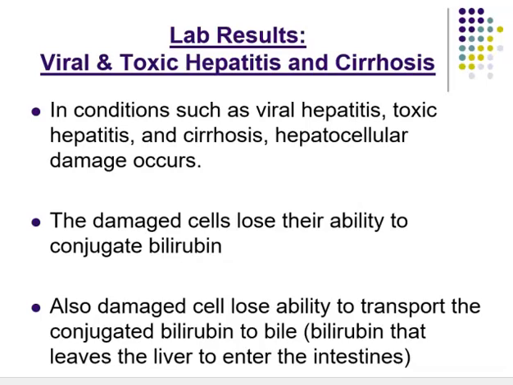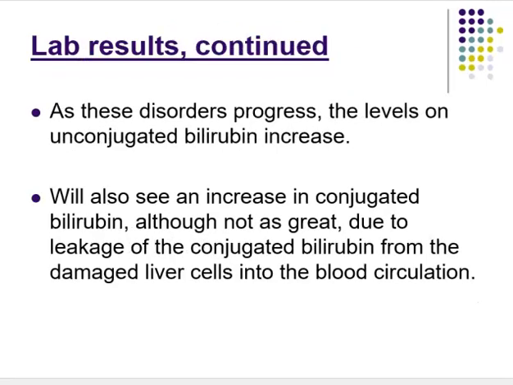This is where bilirubin leaves the liver and enters the intestines. As these disorders progress, the levels of unconjugated bilirubin increase. You can also see an increase in conjugated bilirubin, although not as great. It's due to the leakage of conjugated bilirubin from damaged liver cells into blood circulation.